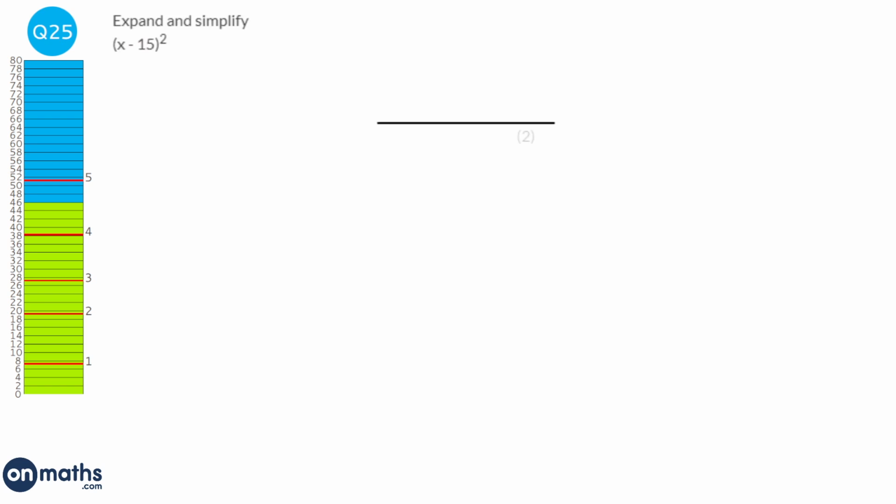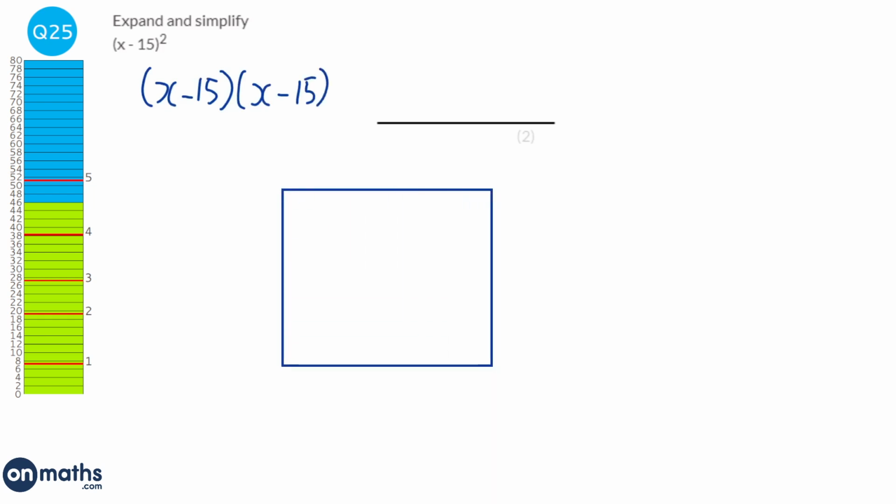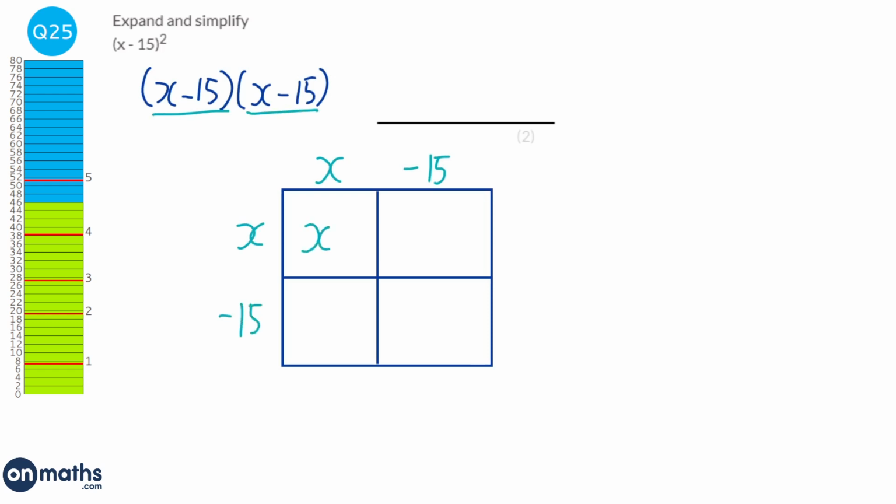The most important first thing that we do is whenever you square something, you times it by itself. So we're going to rewrite this as x minus 15 times x minus 15. And then the way we approach this is exactly the same as we've done with the other ones. We're going to do a multiplication grid, and we're going to do x minus 15 at the top, x minus 15 at the bottom, then we're going to do x times x, which is x squared, x times minus 15, which is minus 15x, same again here, and then we've got a minus times a minus, which is a positive 225.